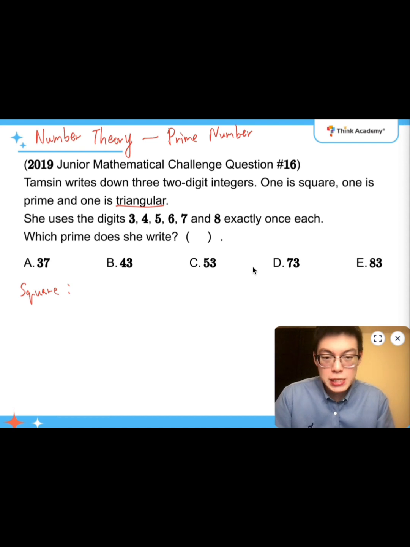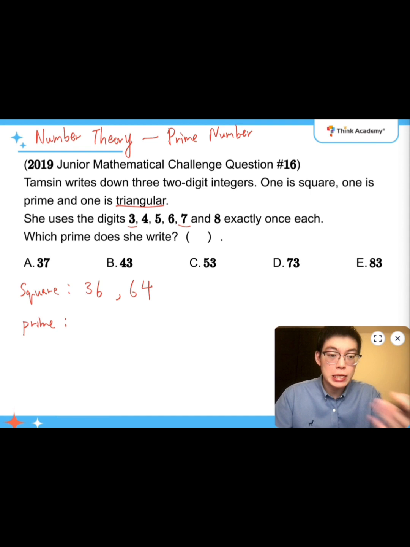So we can see that there are just two numbers I can make with these digits, either 36 or 64. And both of them are using a 6. So next I'm looking at the prime numbers, which don't have a 6 in it. For any 2-digit prime number, it can only end with 3 or 7 in the list.